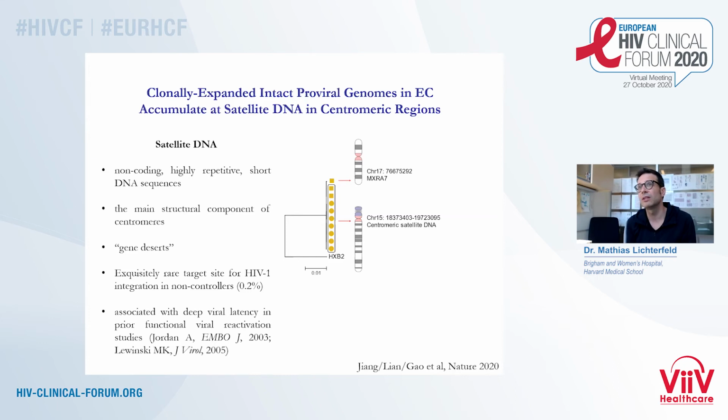It's also been called a gene desert. And once HIV is sitting at this particular location, it seems like this is sort of a dead end. HIV can really not be transcribed when it is sitting in this very unusual location. And that's why this particular location has also been referred to as a block and lock location. So once HIV is sitting there, it cannot be expressed anymore.